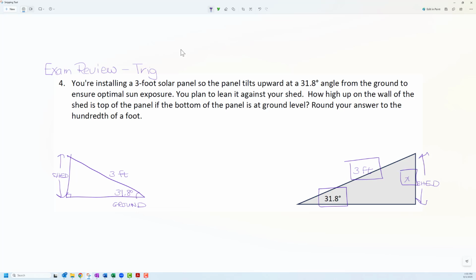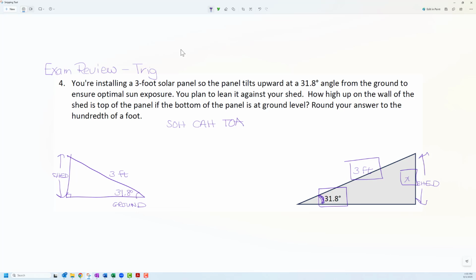We want to think about those three basic trig functions: sine, cosine, and tangent. And hopefully you have memorized the SOH CAH TOA. So we want to label these 3 feet and the vertical height using O, A, and H, or opposite, adjacent, or hypotenuse, in relationship to the actual angle.